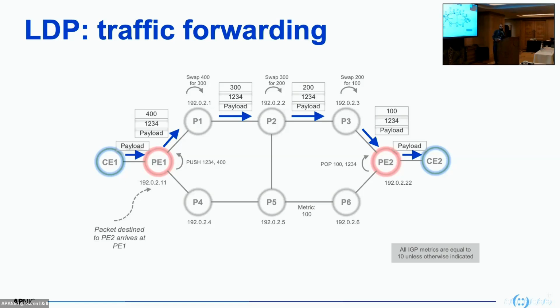So when will they look at the label forwarding information table? PE1 will start looking at the LFIB, because it knows the destination is this, and it needs to know what the label is. So it will look at the LFIB. Every single router in the middle will definitely look at the LFIB.